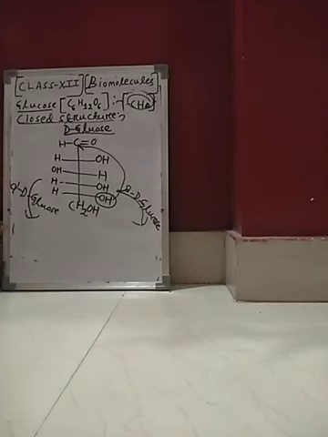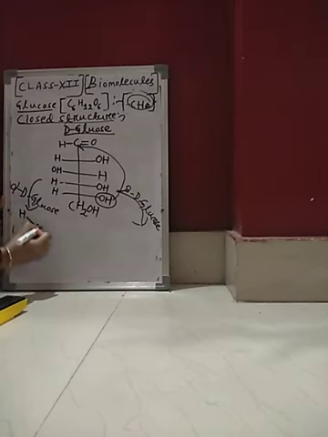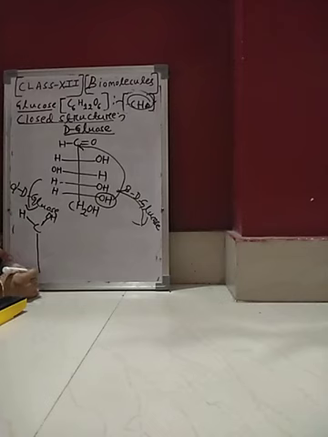So what will be the structure for alpha D-glucose? H, C, OH, and at the bottom it is CH2OH. What is remaining? The remaining 4 carbons, 1, 2, 3 and 4.